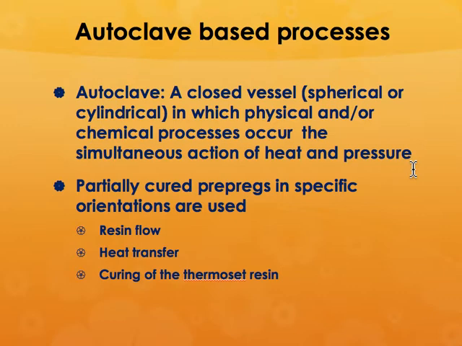Coming to autoclave based processes, the autoclave is a closed vessel, and this is used for making sure that there is pressure and hydrostatic pressure simultaneously applied over the entire component, and it gives you the best mechanical properties.